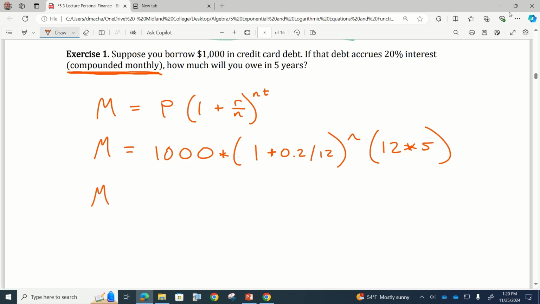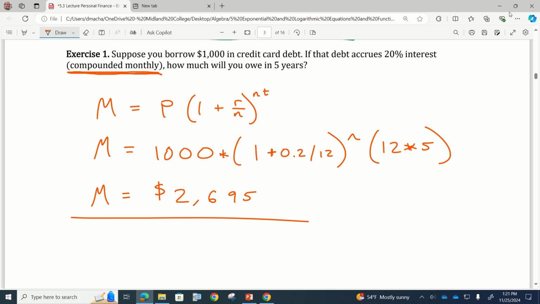So, what maturity value do you get? Very good. My maturity value is $2,695.